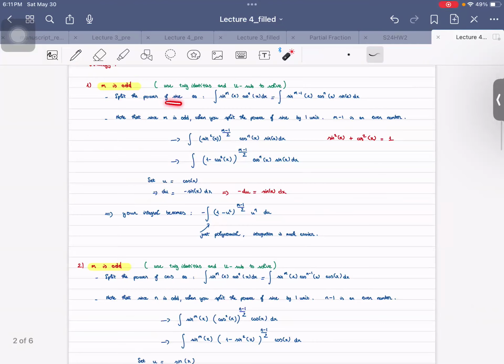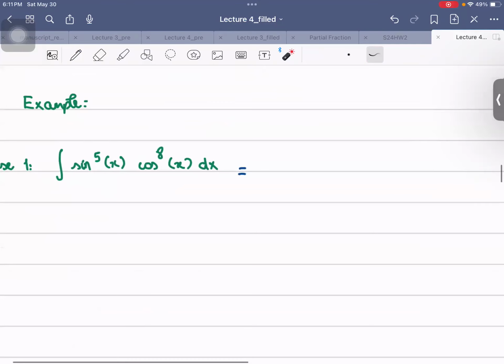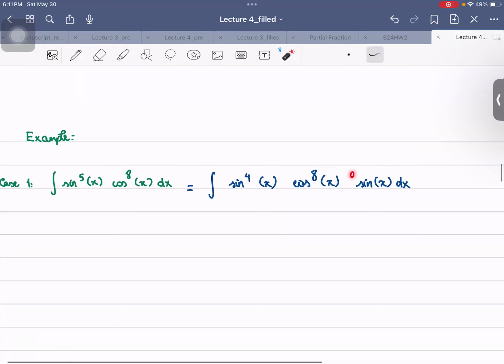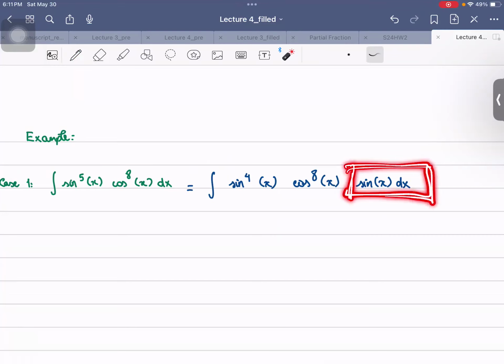You have sine to the power of 4 of x, cosine to some power, and you have sine of x because you split them out. And you're going to save that, because this will appear when you do the u substitution.